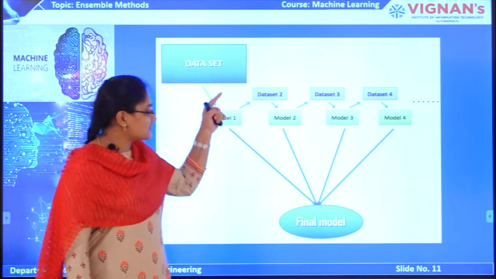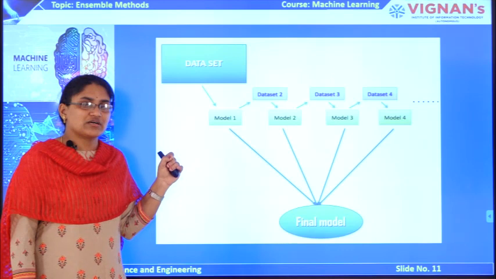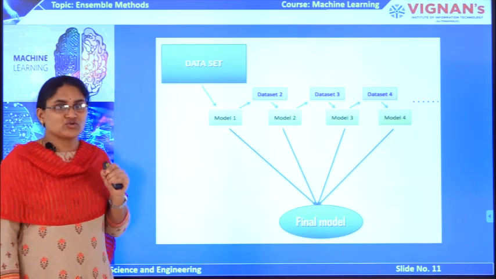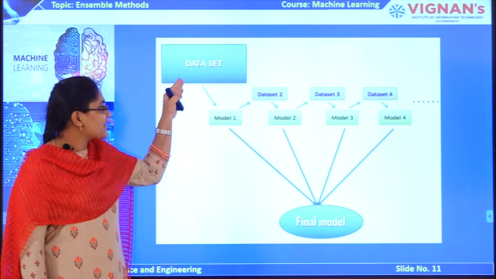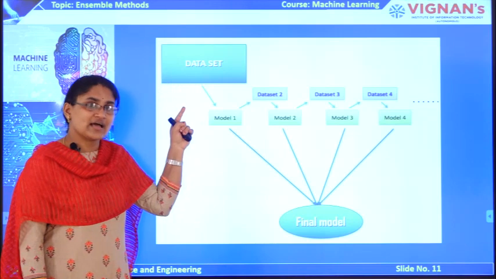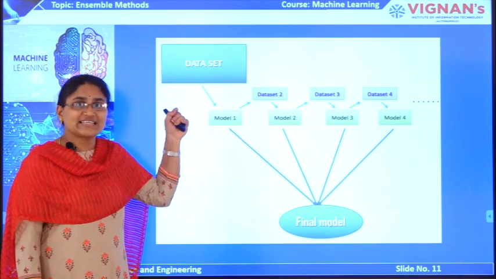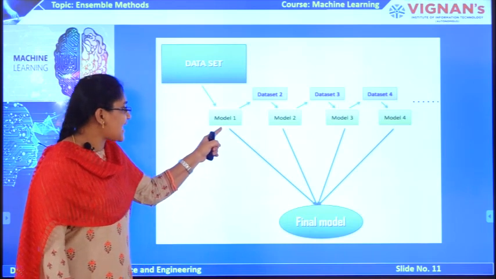Now with this diagram we can easily get the idea about the working process of the boosting model. This is our considered data set. Before applying the first base classifier on this data set, we have to assign equal weights to all the data points. After that we apply this base classifier.